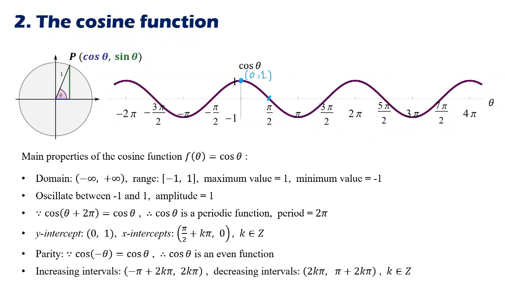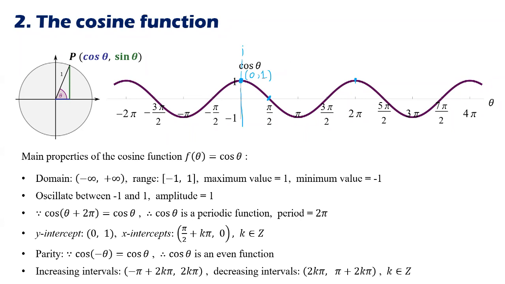And then comes back to 3 pi over 2, 0, and then to the maximum point 2 pi, 1 again, right? So again, this is very similar to the sine function, except there might be a horizontal shift.